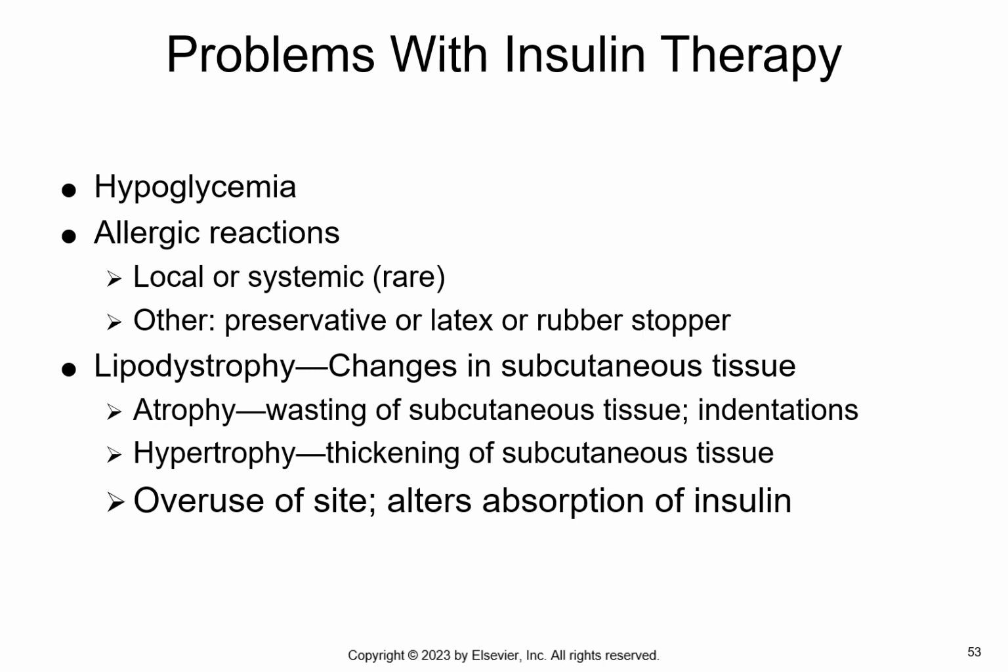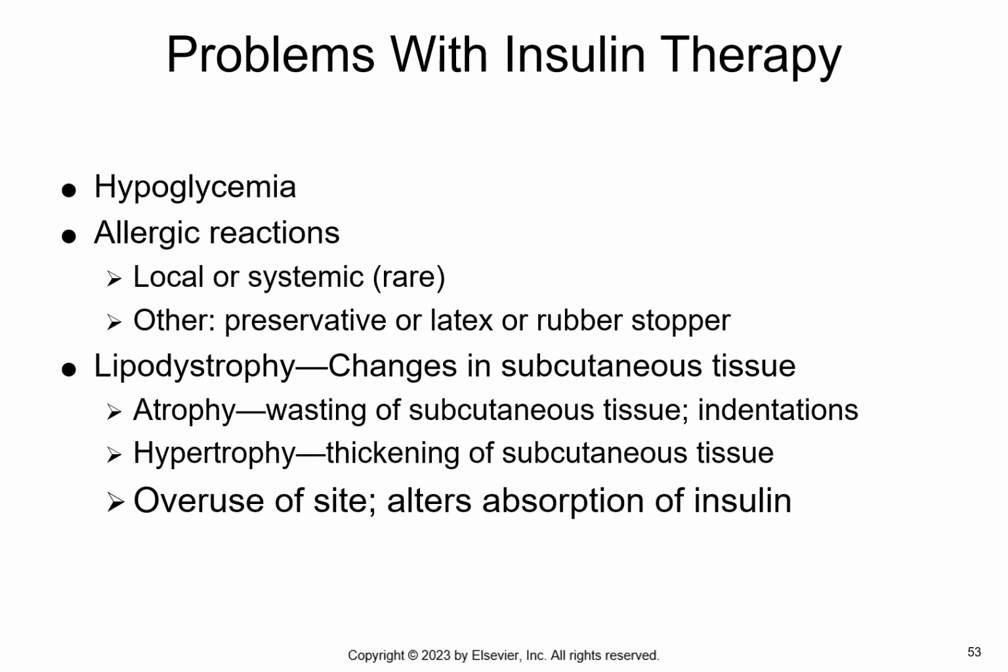So we had started talking about problems with insulin therapy. Hypoglycemia is a primary problem. We'll discuss that later, but again, we're going to go back now and look at allergic reactions. Local inflammatory reactions to insulin may occur, but they are rare. They include itching, redness, and burning around the injection site.